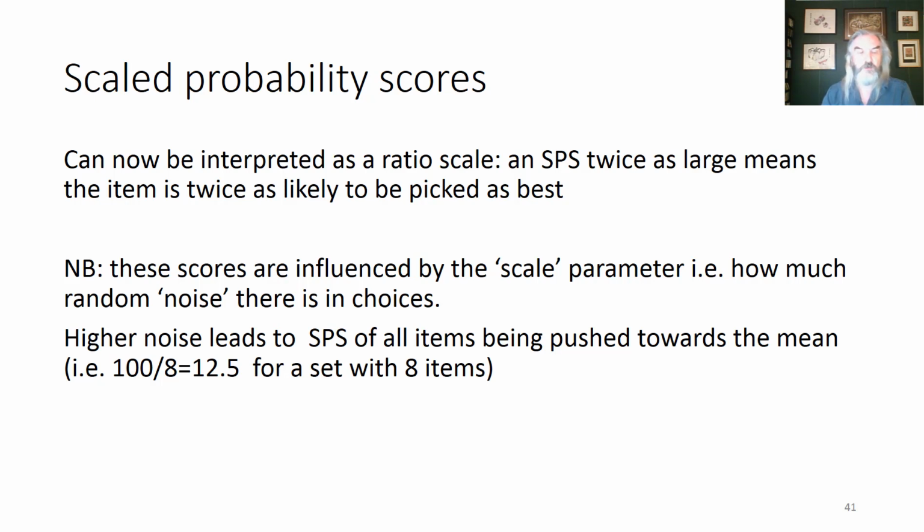If you've got lots of noise in your data, as in your respondents are either not behaving consistently across the group, or they are just picking at random, then what will happen is that those score estimates will head all towards the mean. If I've got 8 items, that's about 12.5.